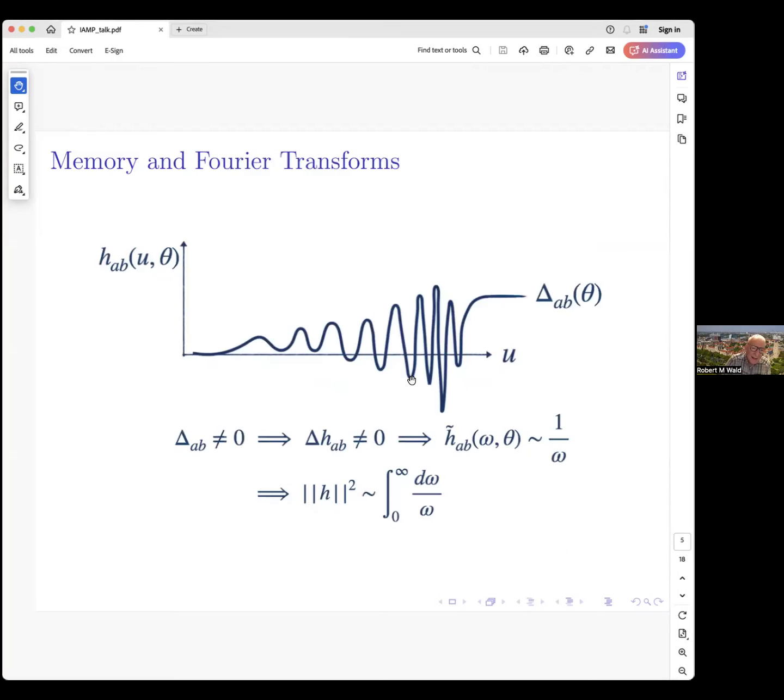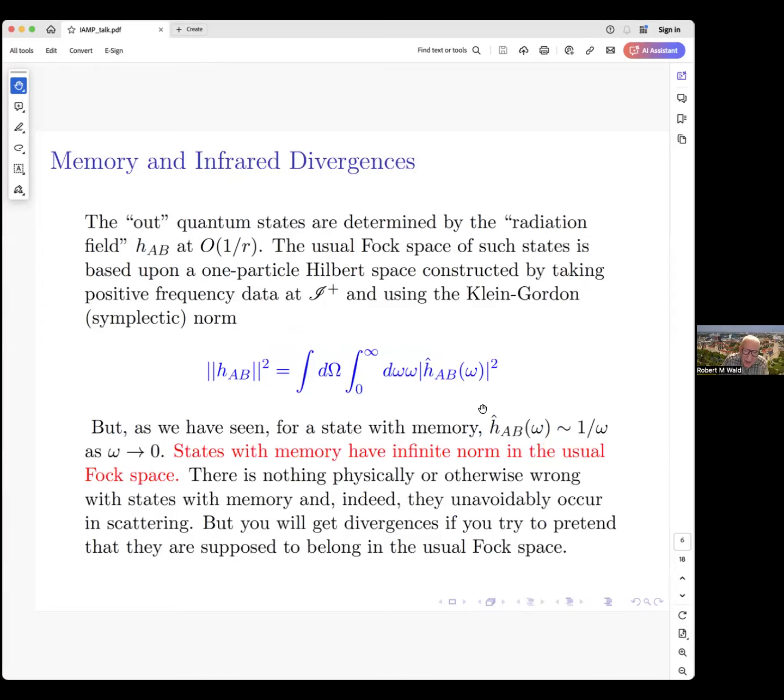So if we try to represent solutions with memory and try to make quantum versions of that, let's say coherent states with memory, as states in the usual Fock representation, they don't exist because they have infinite norm.